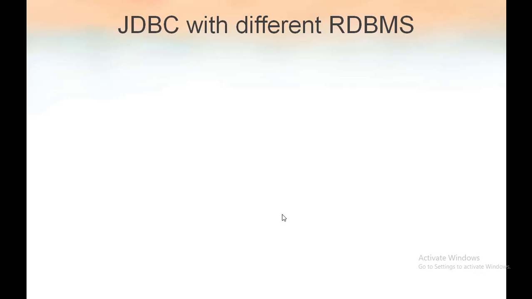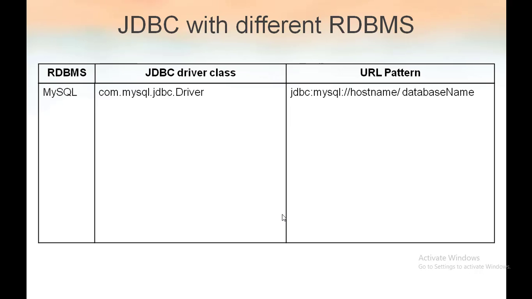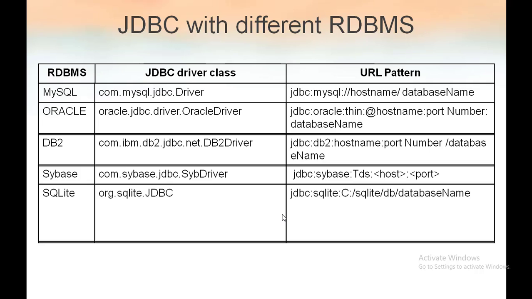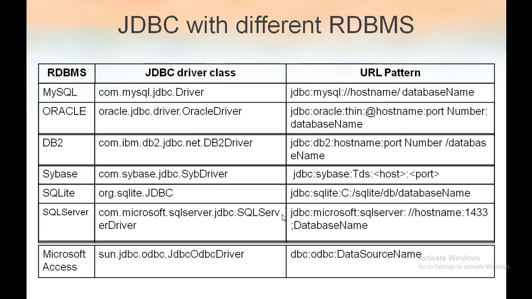JDBC with different relational database management systems. Here are different formats according to the driver used. Here is the JDBC driver class format and URL pattern to access the database. If you are using MySQL, the driver class you need to load is com.mysql.jdbc.Driver and the URL pattern is jdbc:mysql://hostname/databasename.